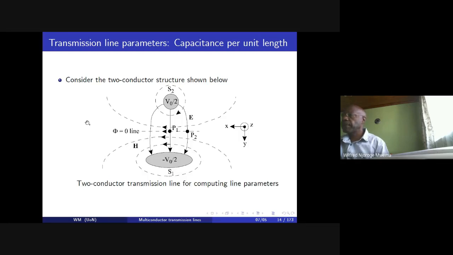And therefore, at the center, or some point P1 between the two lines, we have a plane of potential equal to 0. The magnetic fields will be going around the conductors. The electric field is normal to the surfaces and bulging out.